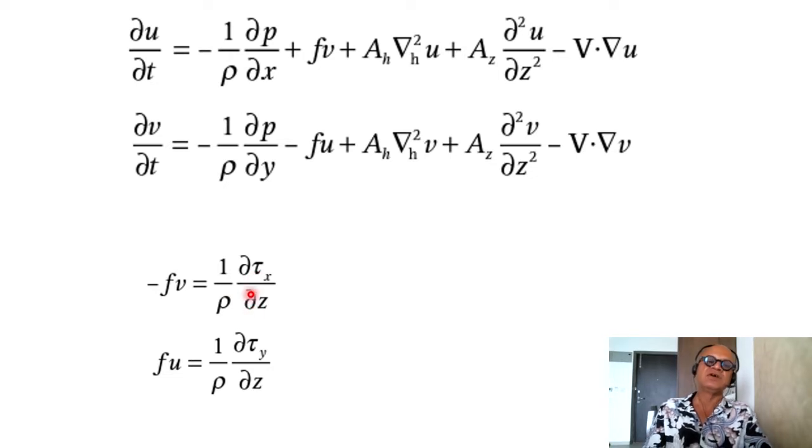Of course, rho is the density of ocean water, and d tau x/dz is how the wind stress is distributed in the ocean. If there are no other terms, it's a steady flow, only the wind forcing is creating motion and there is no other friction, then obviously the zonal wind stress will, because of Coriolis, give us a meridional velocity, and meridional wind stress will give us a zonal velocity when we balance Coriolis with wind forcing.